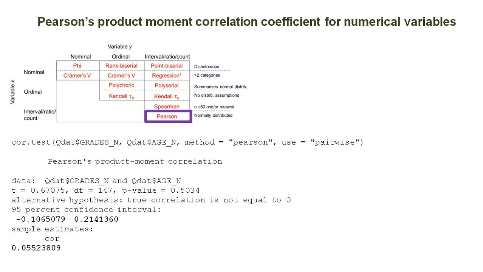The result is again a very small correlation of 0.06, which ought to be ignored because the null hypothesis that the true correlation equals 0 can't be safely rejected. P-value greater than 0.05. Not only that, the 95% confidence interval of minus 0.1 and plus 0.2 straddles 0.